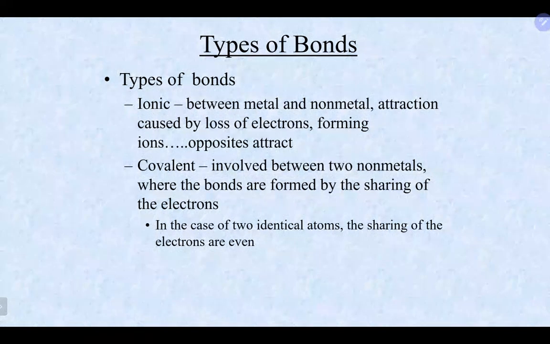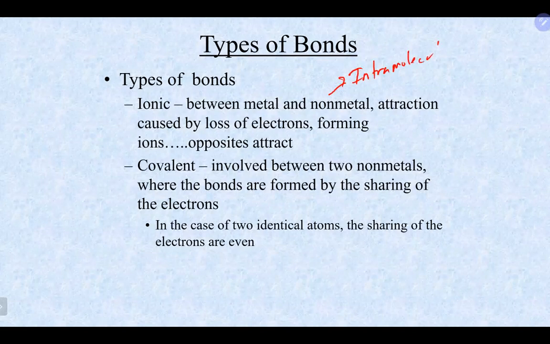That's what is sometimes referred to as an intramolecular force, which I believe is in chapter 14. Intramolecular force is the force within the actual molecule. It is the force that holds one molecule together, not with another molecule. And in ionic compounds, that electrostatic attraction is a really strong attraction.